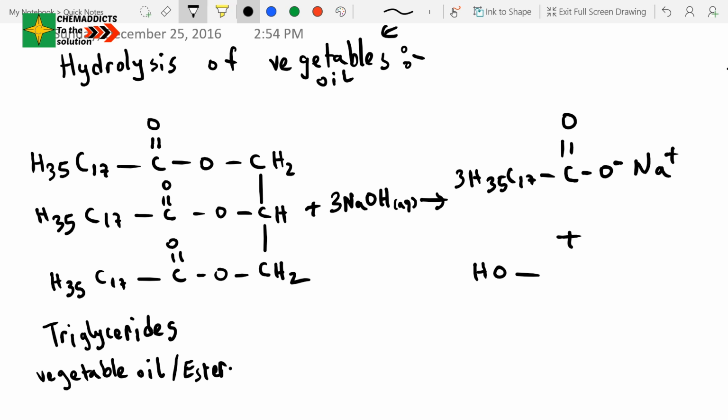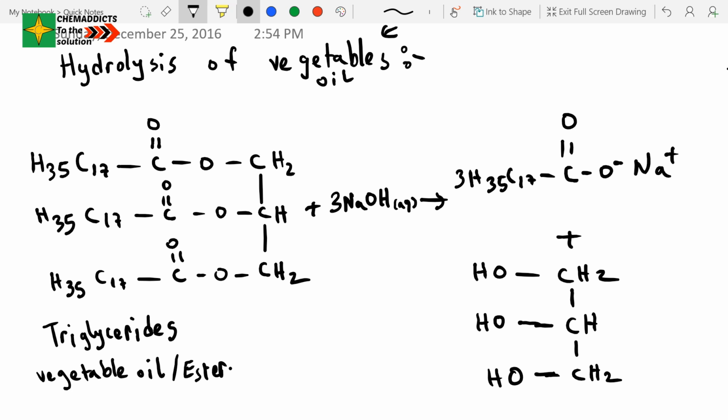The triol is OH, CH2, CH, CH2, OH. So in here we can see that triglycerides react with 3 moles of sodium hydroxide.